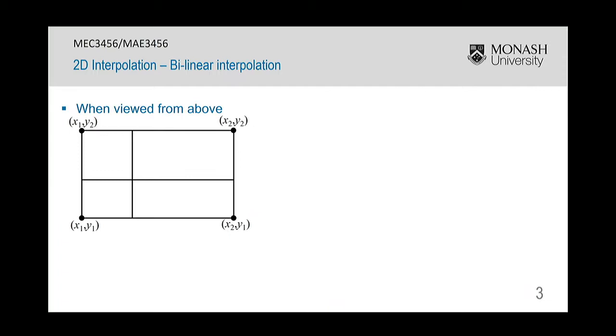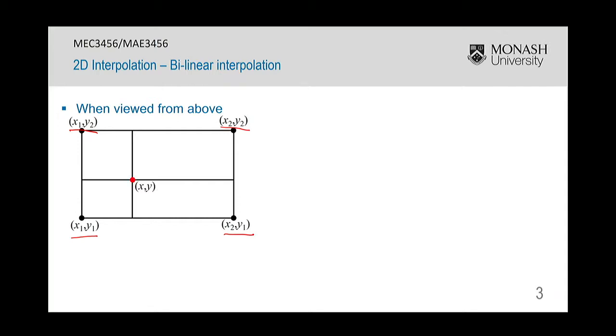If you view that previous case from above, we have our 4 points, defined by coordinates x1, y1; x2, y1; x2, y2; and x1, y2, and at each of these points we have a function value. Those function values, if you like, are coming out of the page toward you.